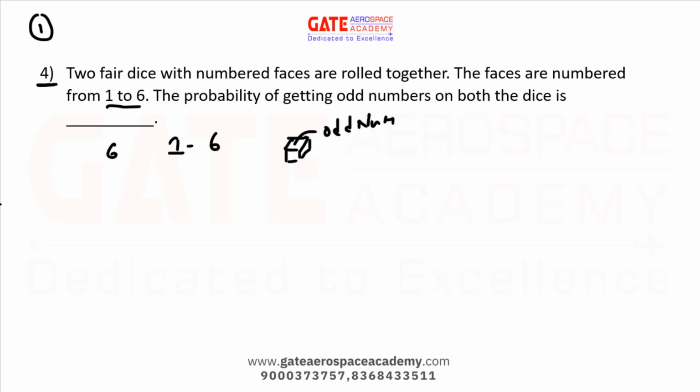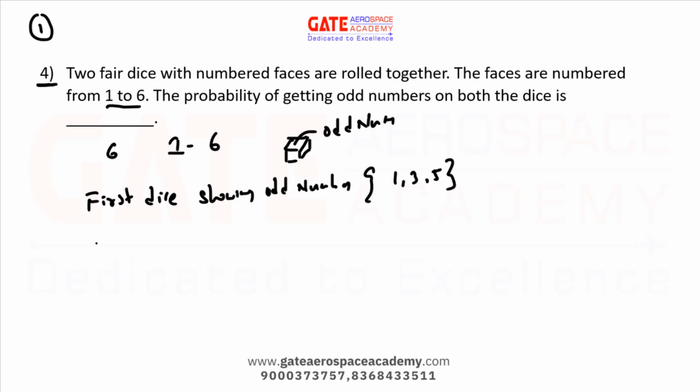So first dice showing odd number. Okay, so we know that 1, 3, 5 we can get from the first dice. Similarly, second dice showing odd number, it's the same, right? 1, 3, 5.